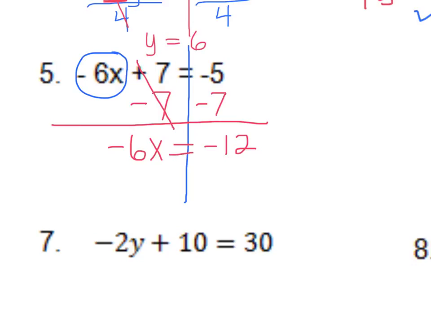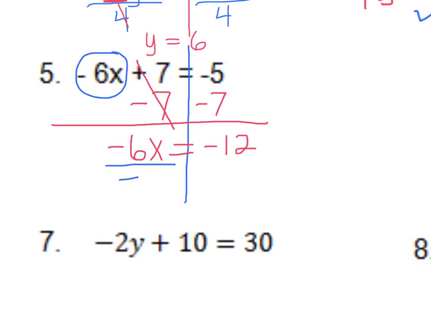So I've got to get rid of my coefficient, because remember, my ultimate goal is to get positive x all by itself. So whatever is beside it, I'm going to have to divide it. Well, what is beside my x is a negative 6. So I'm going to have to divide out my coefficient, or my negative 6. Again, make it a fraction.